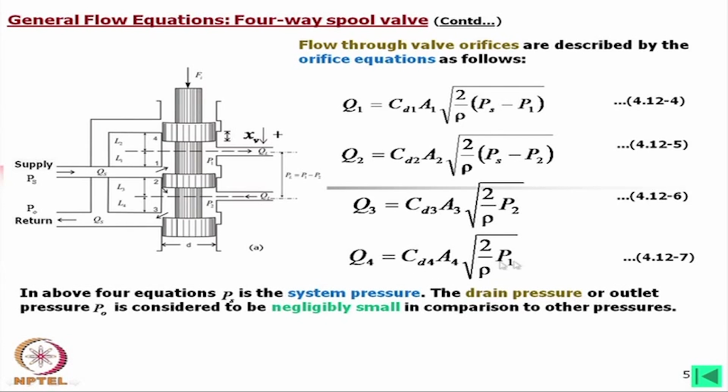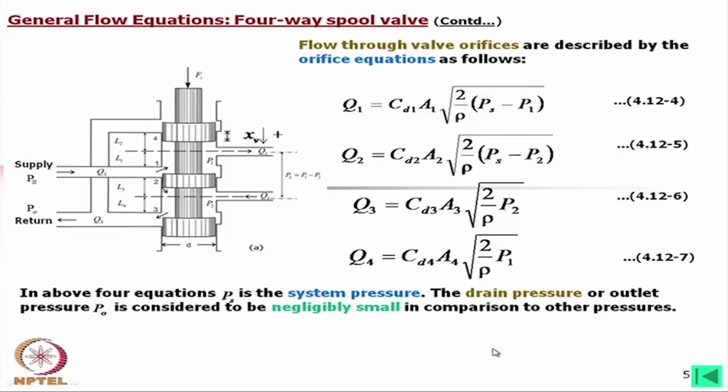Similarly, Q4 also can be written in this form, and in the above 4 equations, Ps is the system pressure, and the drain pressure or outlet pressure P0 is considered to be negligibly small in comparison to the other pressures. Although we have written it in this form, basically we should consider Ps as the differential pressure and P0 as 0. Am I clear? Okay.